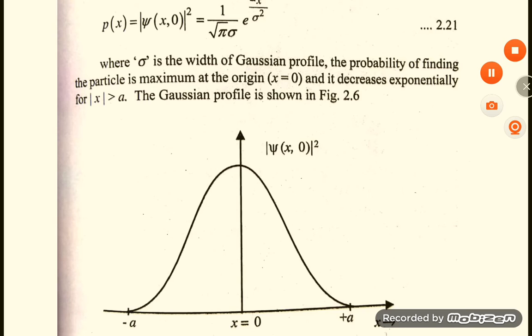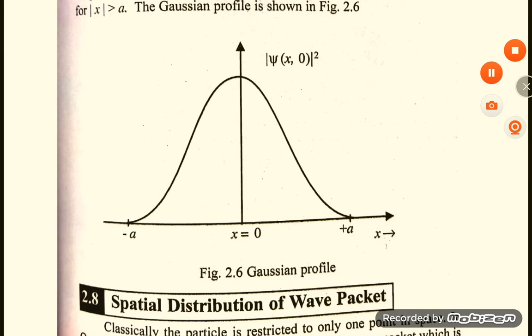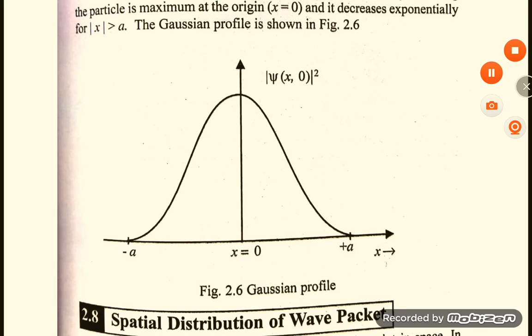If x is greater than a, the Gaussian profile shows that between minus a and plus a only we are able to find the particle within the Gaussian distribution curve; there is no chance to find the particle outside. This is the wave function, so this is the probability where we can find the particle within the region.